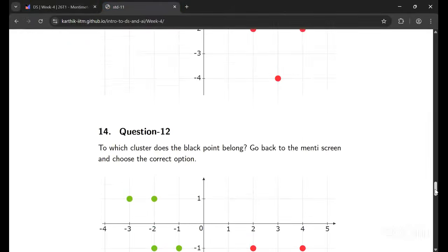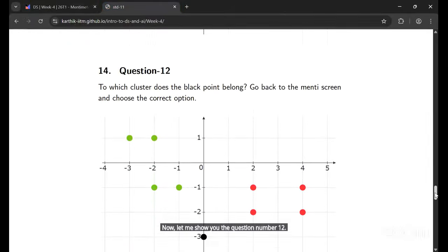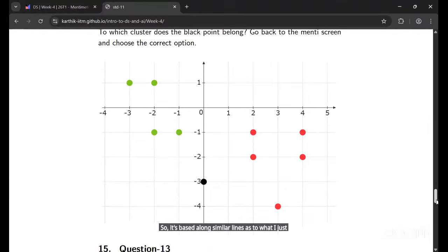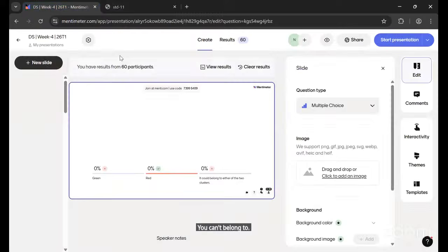Now let me show you question number 12. It's along similar lines to what I just asked you. Here they have introduced this new black point given by 0 comma minus 3, and they're asking you which cluster it is going to belong to, the green one or the red one.